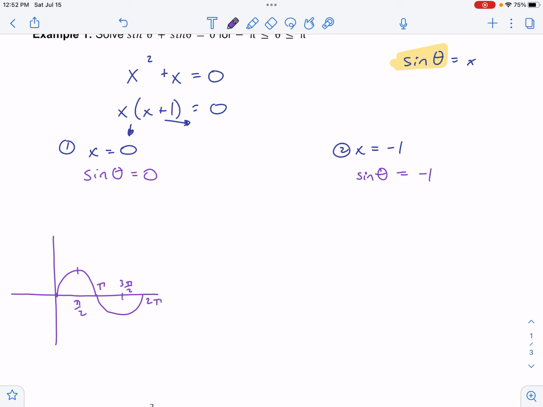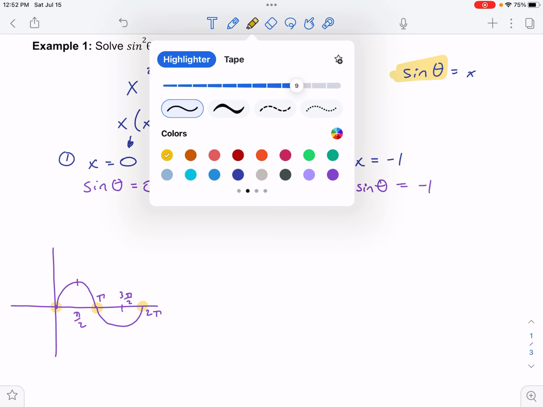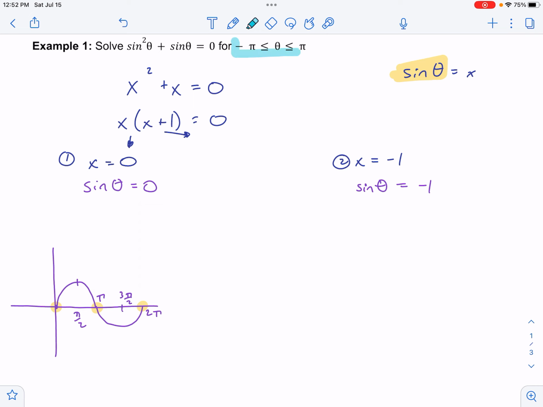Oh, okay then. So when is sine of theta equal to 0? Well, it's equal to 0 anytime it hits the x-axis. So it's 0, pi, 2 pi. That's pretty sweet. Now, we do have a restriction on our answer here. We're actually looking for the interval between -pi and +pi.